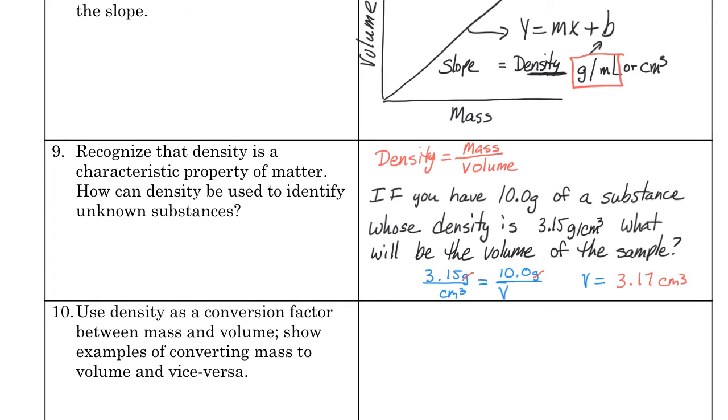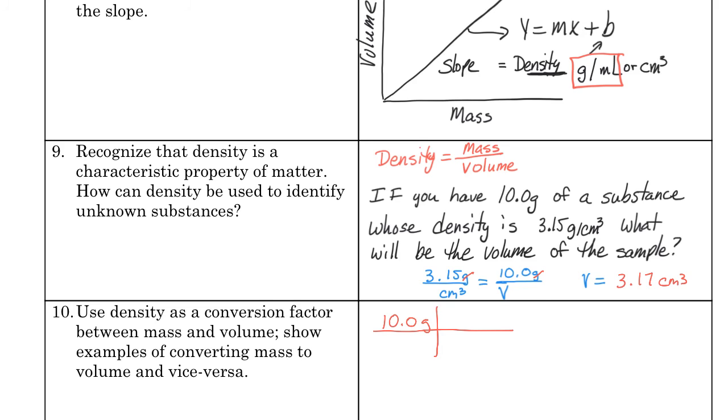Now, you can also use density as a conversion factor between mass and volume. Let's do the same problem as a factor label problem. So to do this, I'm going to start with my known, 10.0 grams. Now I can look at my density as a conversion factor in the same way that I'd convert kilograms to grams.